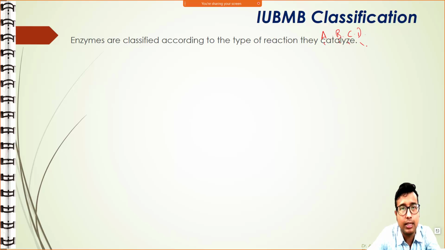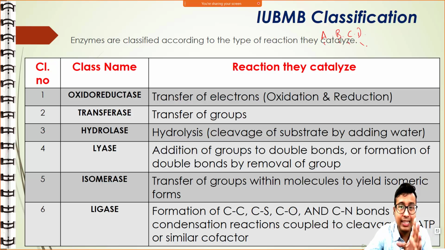So enzymes are classified according to the type of reaction they catalyze, depending on their properties, right? This is the very famous classification that you already know, and it's given in almost all textbooks. The mnemonic is OTHLIL. So class 1 is the oxidoreductase group of enzymes, then transferase, hydrolase, lyase, isomerase and ligase.